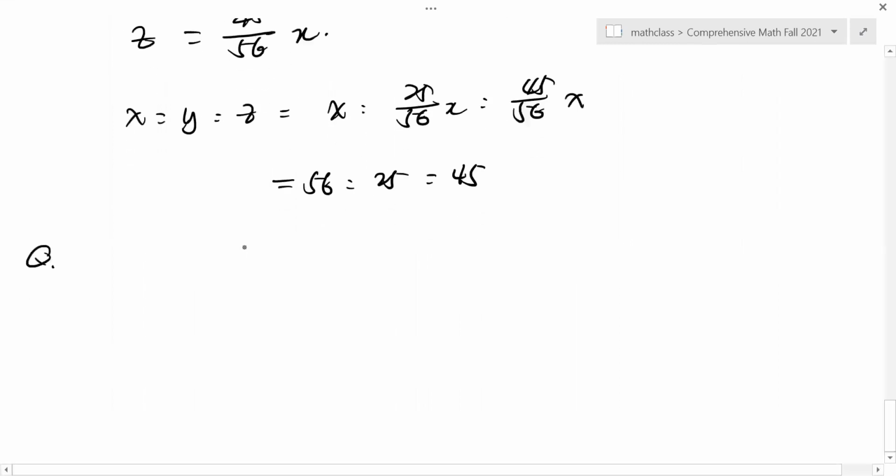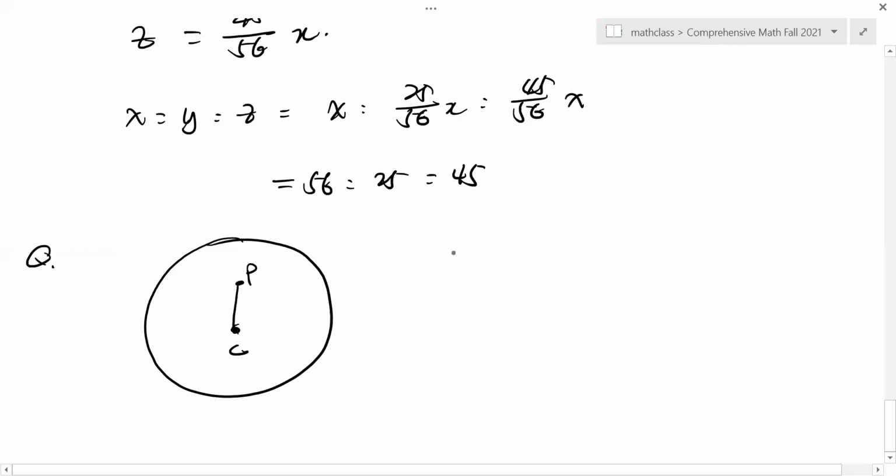It's still a circle, right? And here's a point P, and that's the center. So we know that the distance between P and the center is 9, and the radius R is going to be 15.